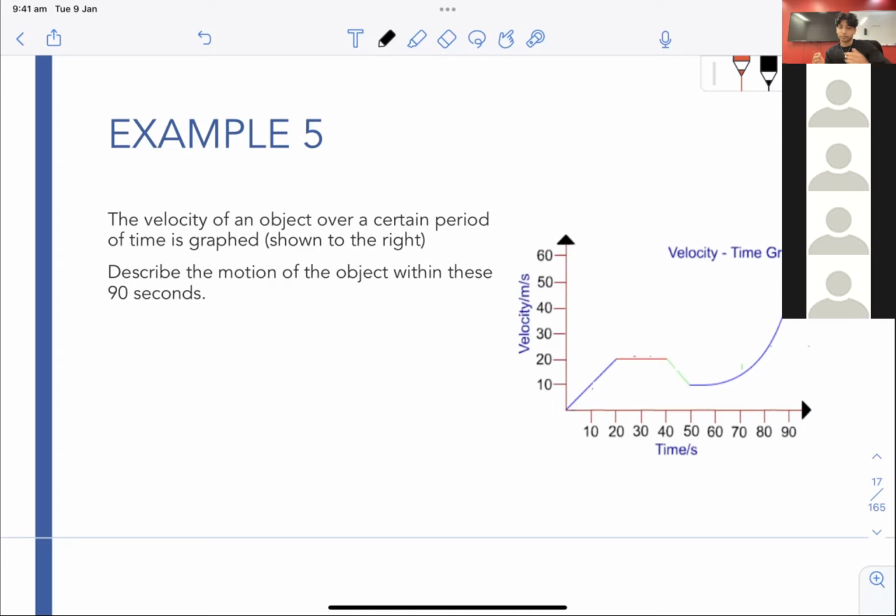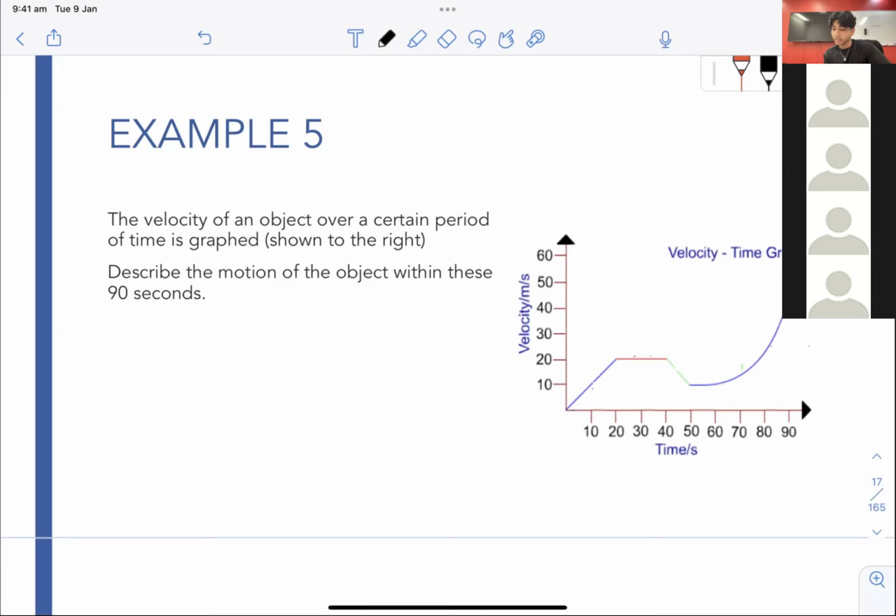Now 20 to 40, all right? We have this flat portion here, okay? That tells you the velocity is not increasing or decreasing. So we have a stagnant velocity here. So we could say from 20 to 40, there is a constant velocity, all right?